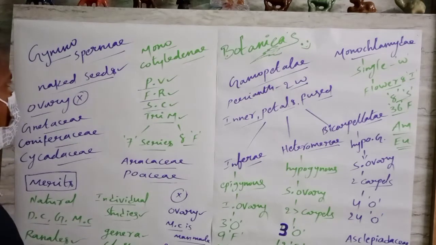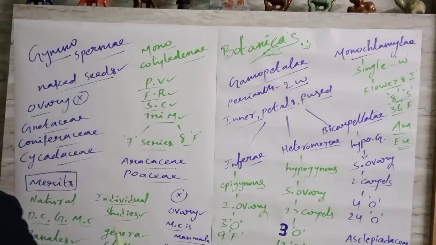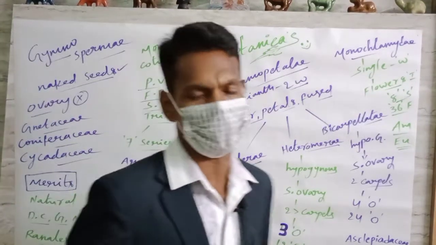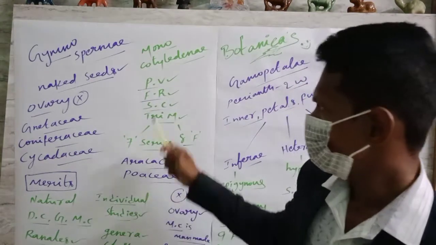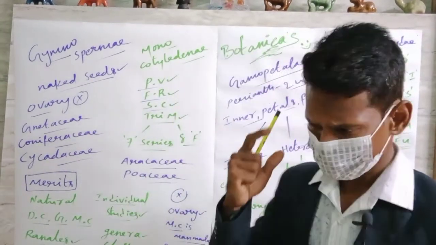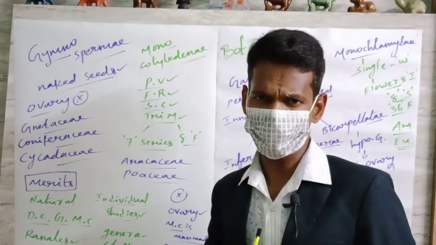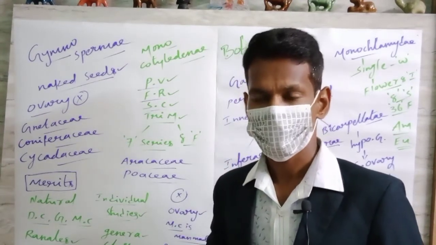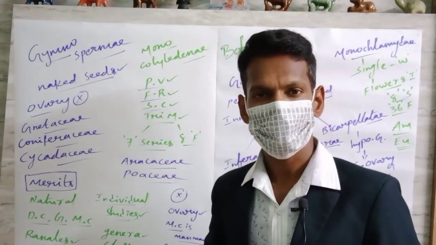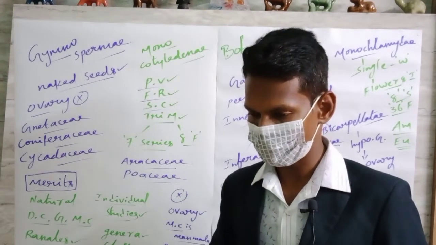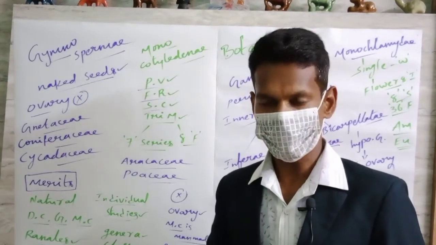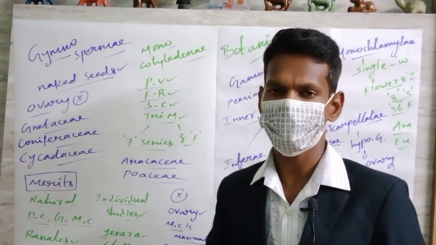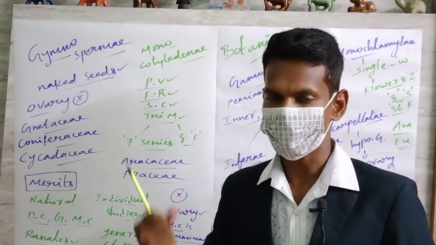Monocotyledone, class number 3. This is class number 2, class number 3. So mono means single, cotyledons means seed-like structures. So monocotyledone means they have a single seed-like structure during their embryo growth, and parallel venation can be seen, a fibrous root system can be seen, and one more characteristic feature is trimerous flowers or less than trimerous flowers can be seen, in the sense only 3 petals, not more than 3 petals.